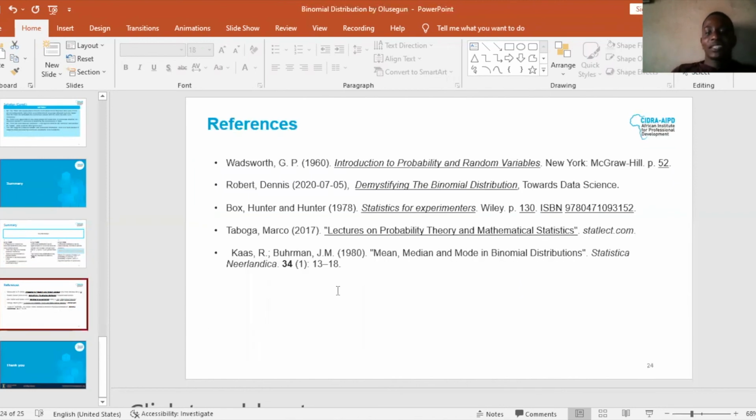Now, some references are stated here, so we can see how far back this school of thought in binomial distribution goes. You can see that the first reference by Wadsworth GP was published in 1960. That's the Introduction to Probability and Random Variables. We also have another one by Robert Dennis, Demystifying Binomial Distribution, posted on the Towards Data Science website on the 5th of July 2020.